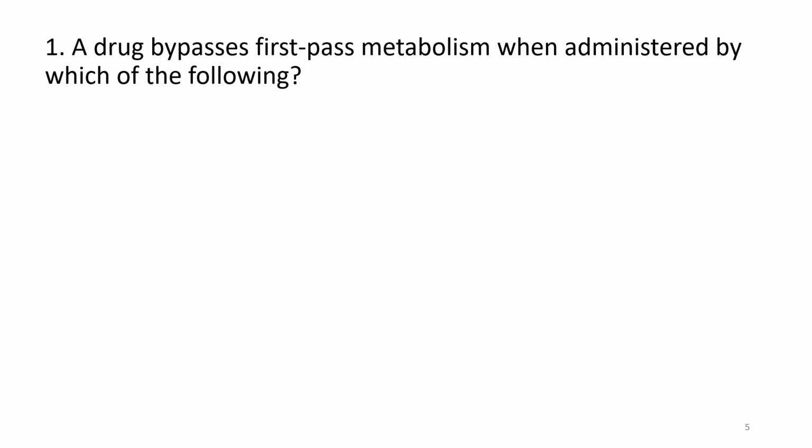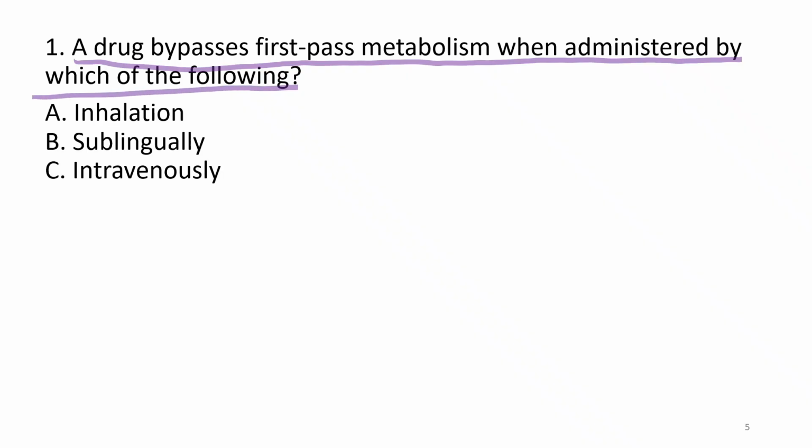Next, let's recollect how we can apply first pass metabolism. A drug bypasses the first pass metabolism when administered by which of the following routes? Pause the video and come up with the correct answer.